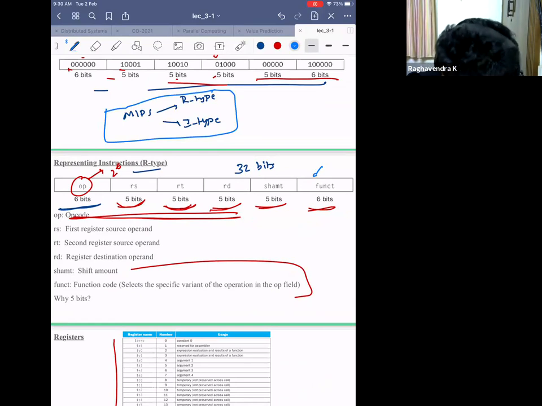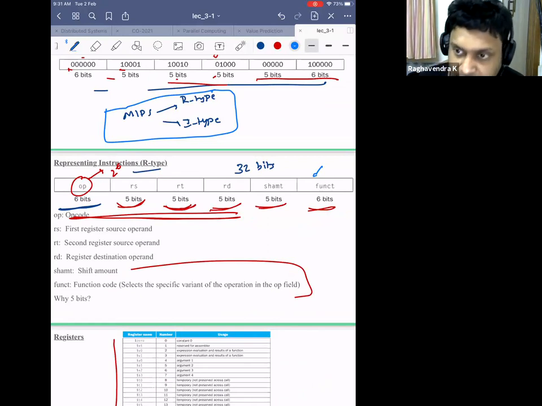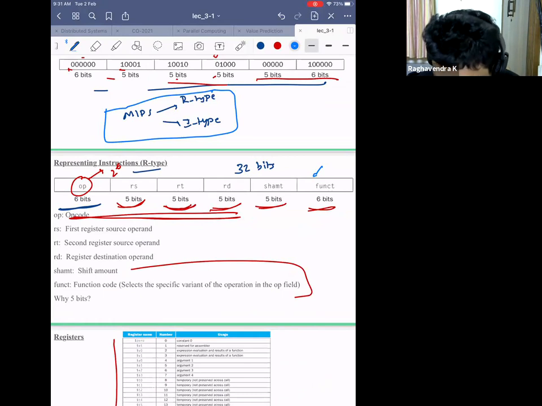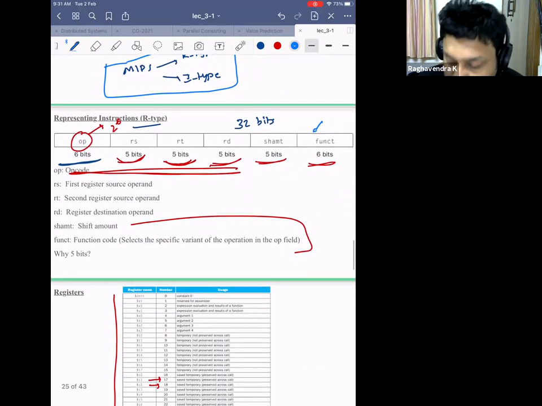If it's an R type instruction, which means it is an add, subtract, division, whatever it is, then I use the bits accordingly, whatever is represented here. I didn't come up with this; somebody who designed the MIPS architecture came up with it. Of course, you would have come up with something different when designing an add and a subtract. So this is the way I represent the bits when converting assembly code to machine code.